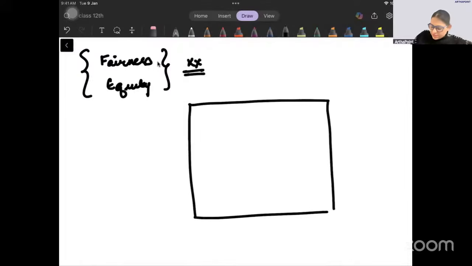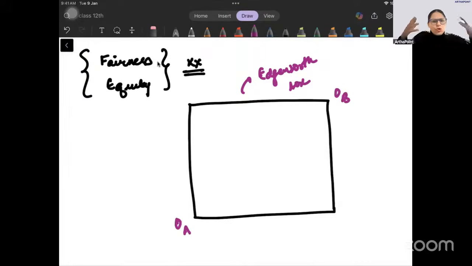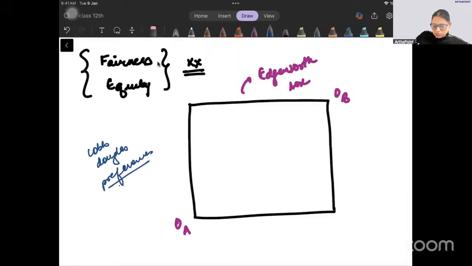Just take this Edgeworth box. और यहां पर मुझे एक बात बताओ, if I am at origin of individual A and origin of individual B, और हम दोनों individual को normal मानते हैं, माने we consider them as having Cobb-Douglas preferences. हाँ, तो हमने contract curve कैसा बनाया था?